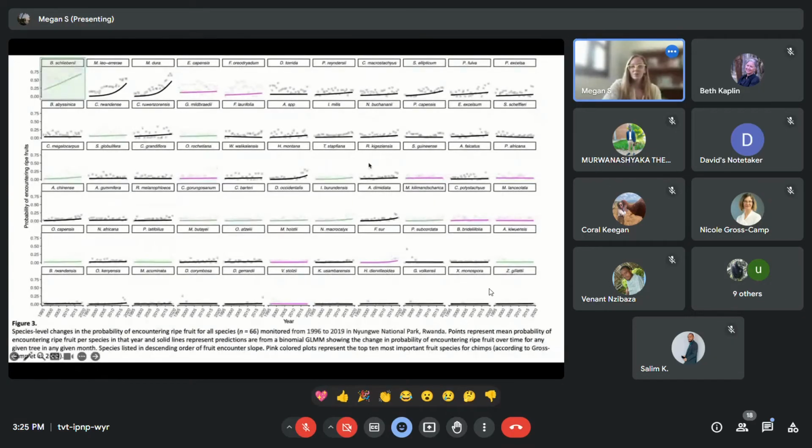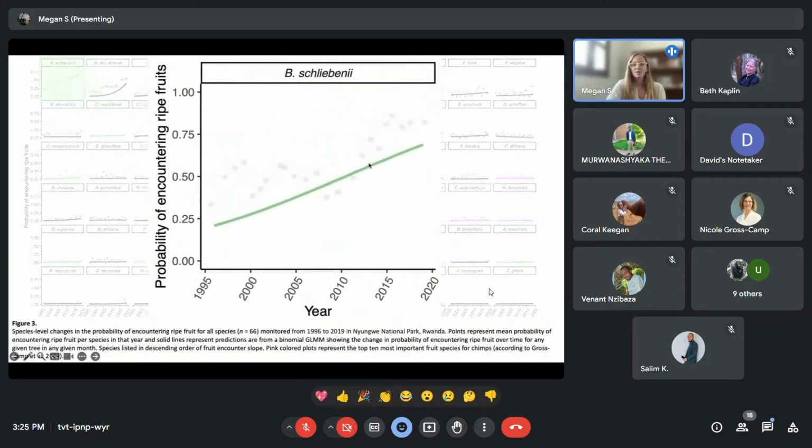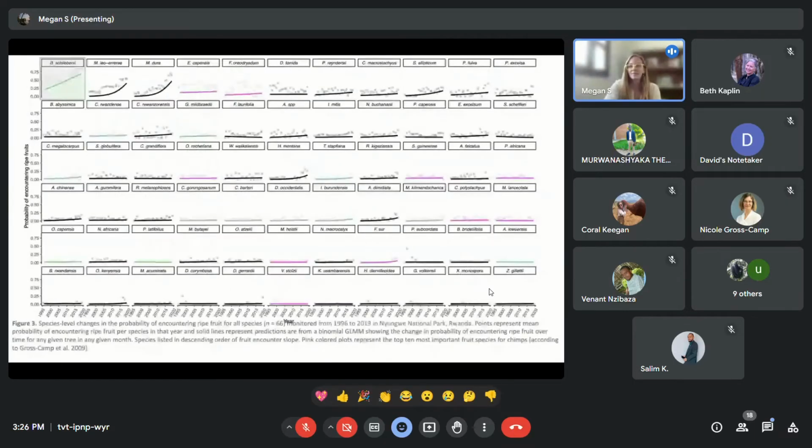So for things like Belschmiedia schleveni, the probability of encountering ripe fruits increases a lot from 1996 until 2018. And those species that have these increases could be importantly driving the community level patterns that we saw in the first models.